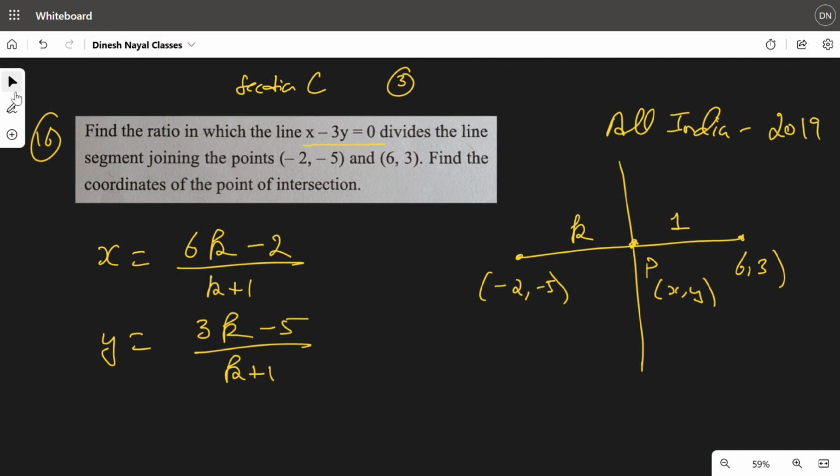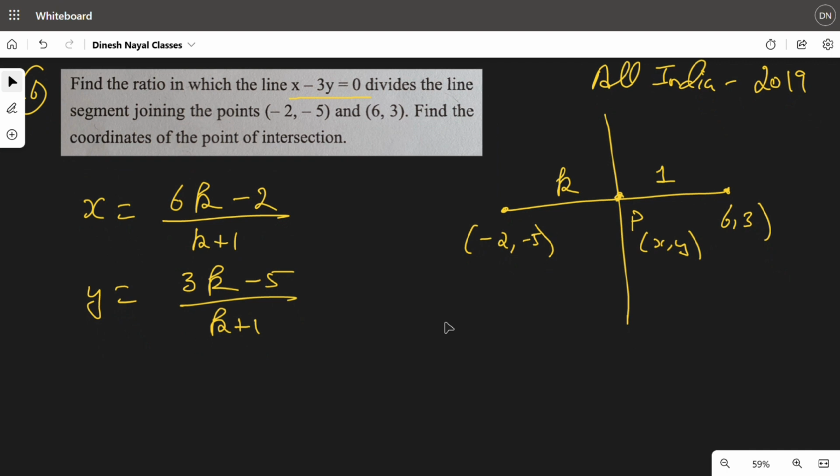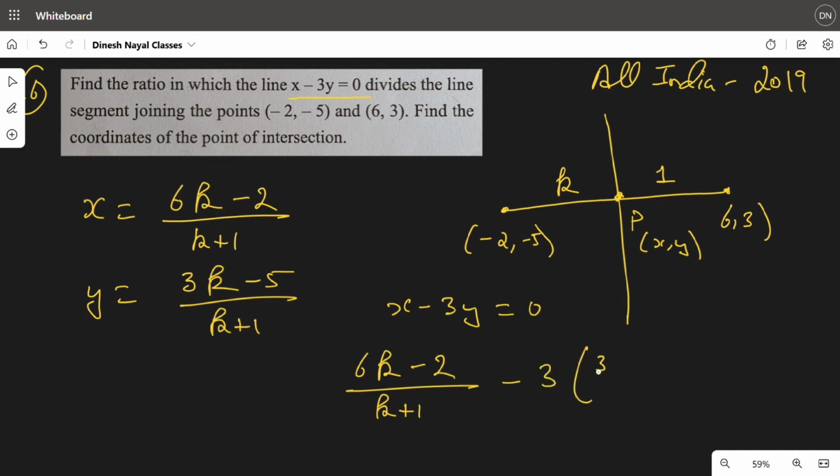So we substitute over here in this line: x minus 3y equals 0, so (6k minus 2) upon k plus 1 minus 3 times (3k minus 5) upon k plus 1 equals 0.